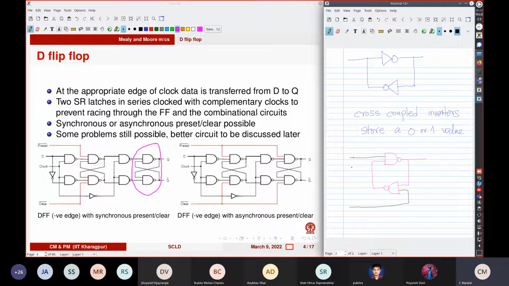Now, let us call this A and let's call this B. All right. And let us call this output Q. So what happens is, suppose, Q is evidently input as well. So suppose, let's make a table.